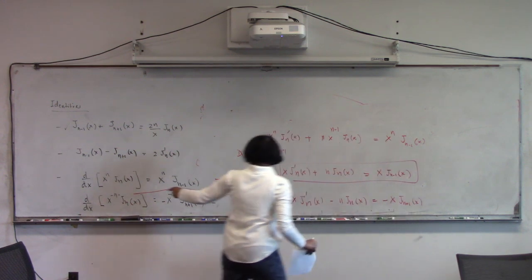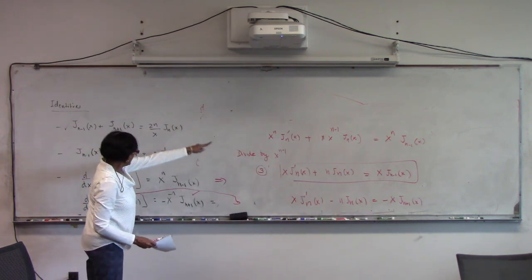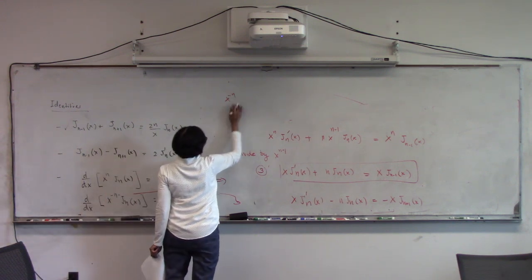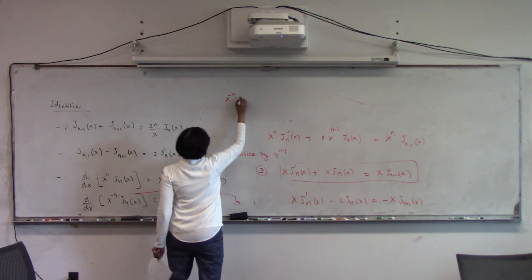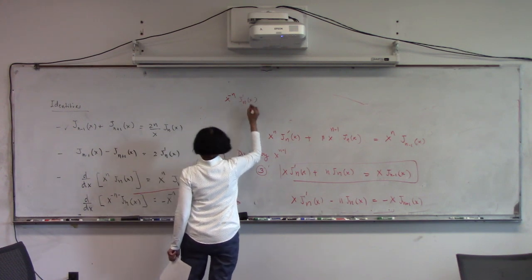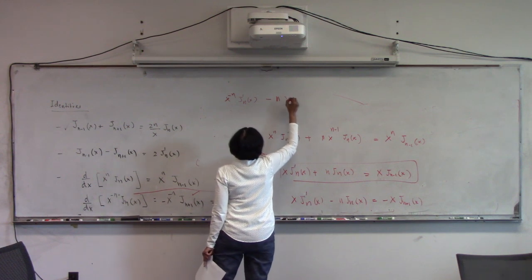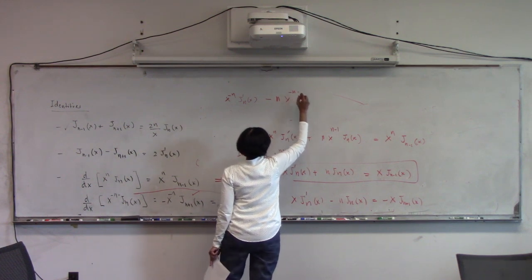All I've done here is take the derivative just as I have done there, which will be x to the power minus n j prime of nx, minus n x to the n minus 1, right?